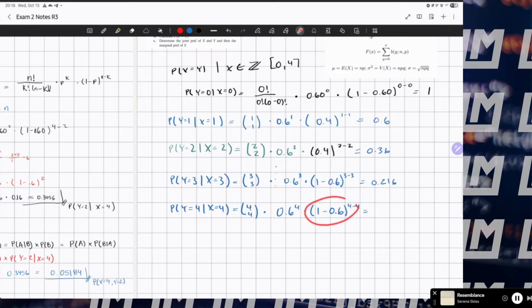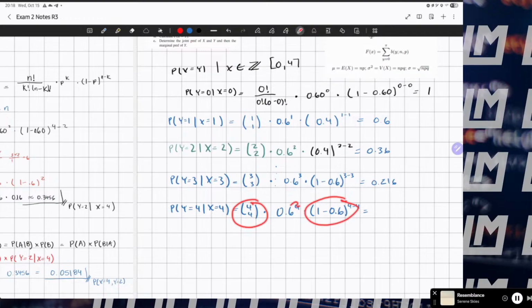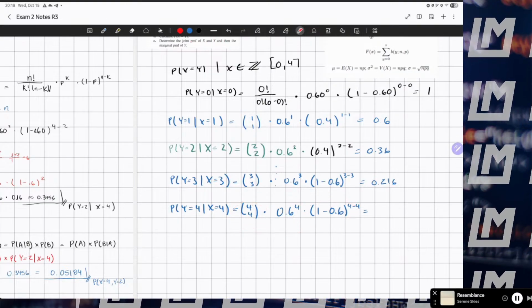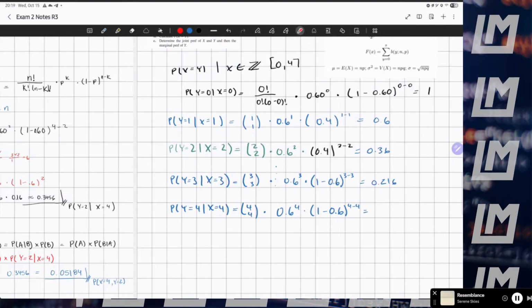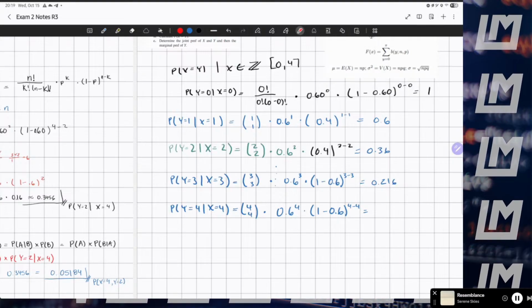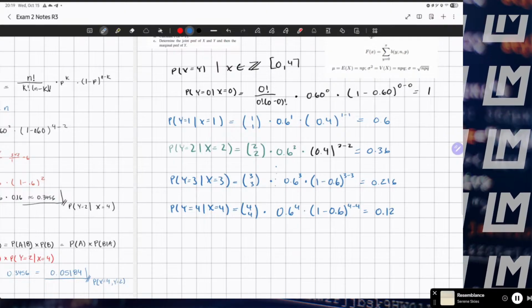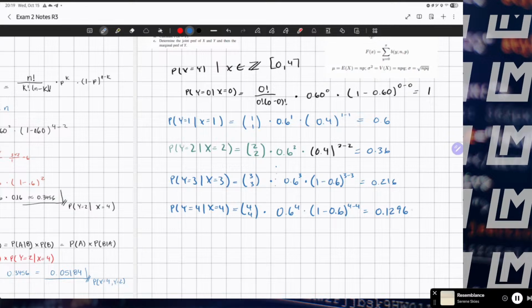Again, this is equal to 1, this is equal to 1, and we're really just solving for that one. And that is equal to 0.1296.